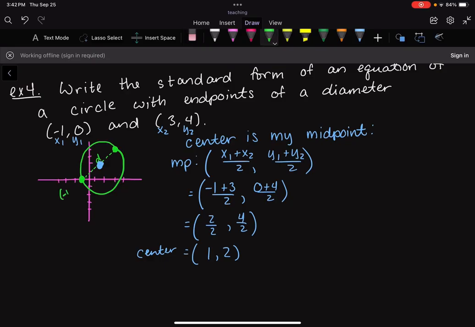Let me try to explain what I'm saying here. If I find the distance between the 2 points they gave me, I'll be finding the diameter. That is not really what I'm looking for. I'm looking for the radius. So you can do that. If you find the diameter, just know that the radius is half of that. So you'll need to divide it by 2.